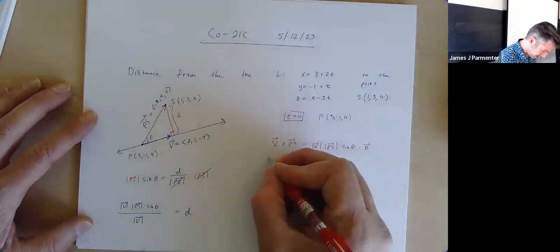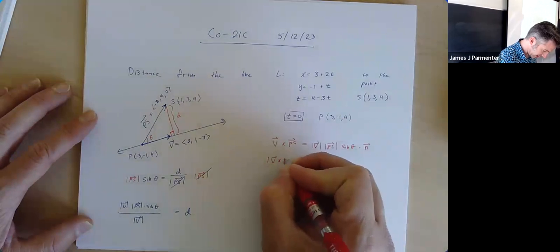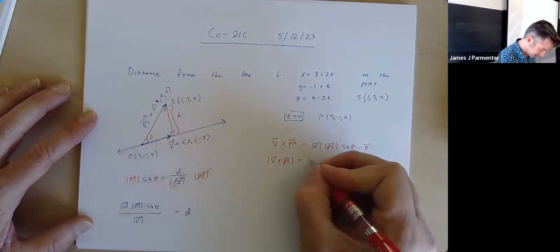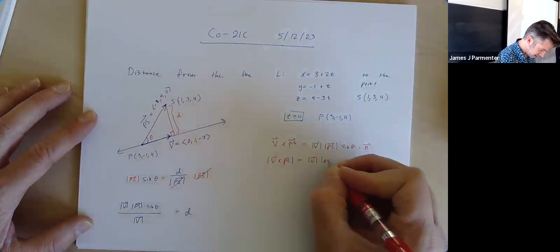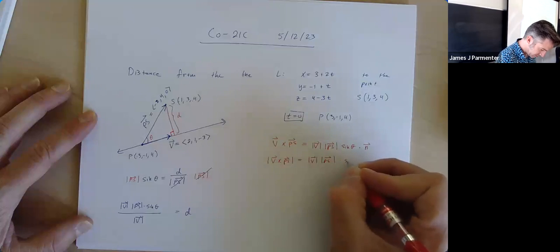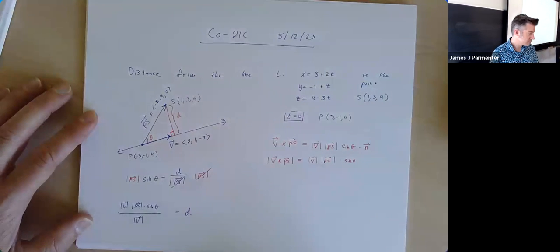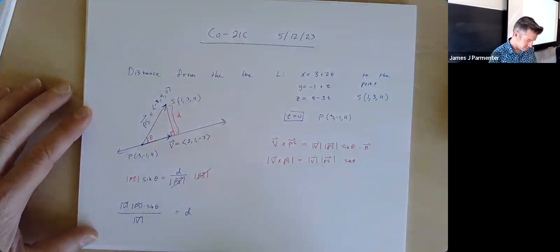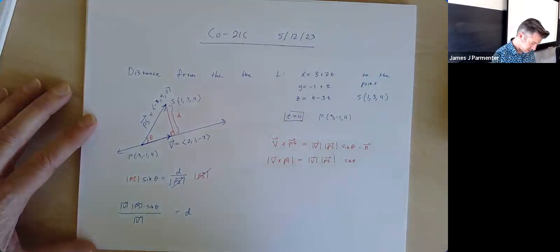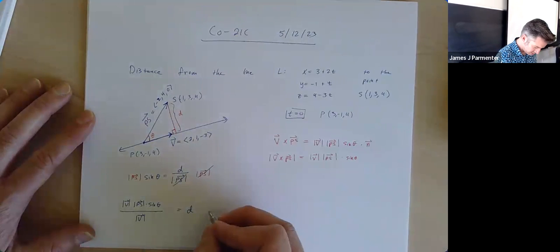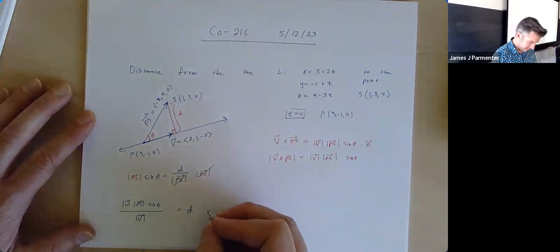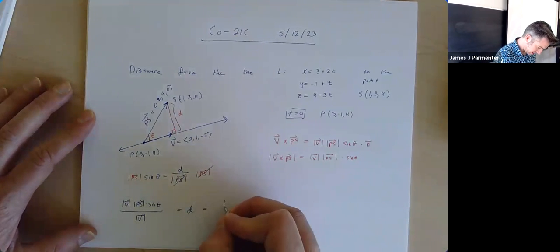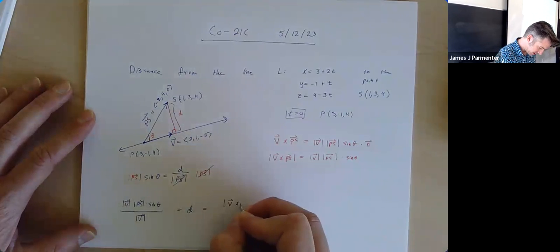So the magnitude of V cross PS is exactly what we've got in the numerator there. It's just the magnitude of V times the magnitude of PS times sine of theta. Cool. All right. So then we are going to calculate some stuff. It's going to equal the magnitude of V cross PS divided by the magnitude of V.